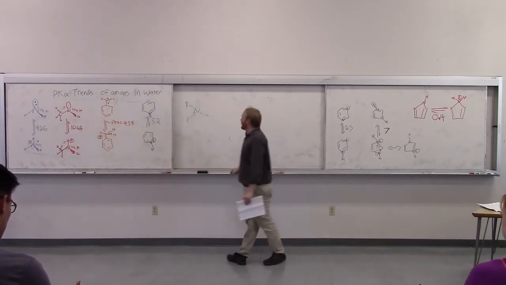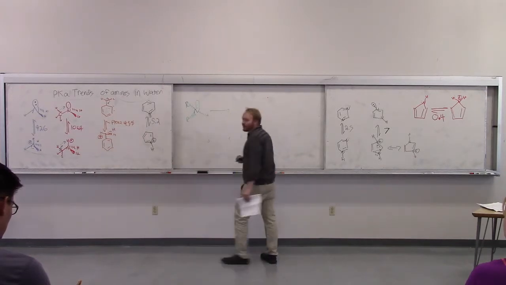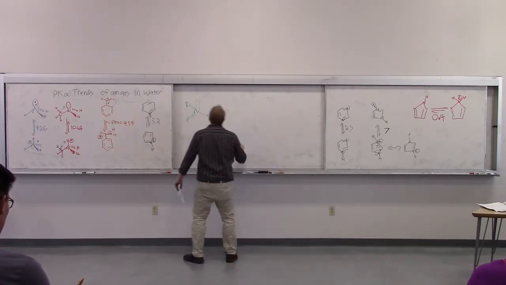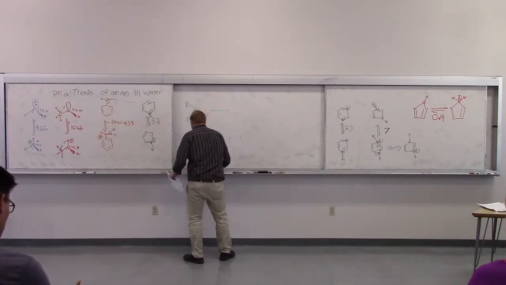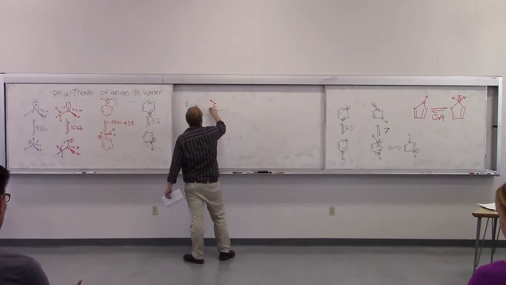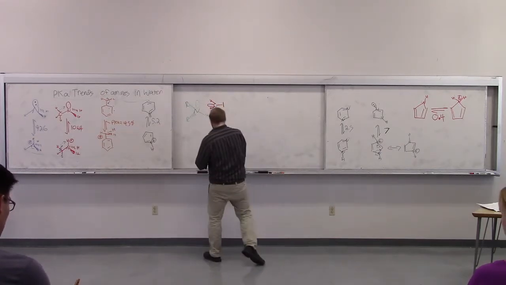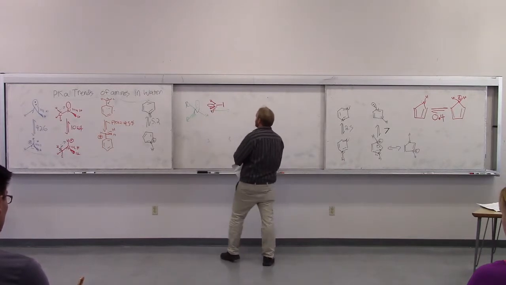So you take your disubstituted amine, you take your alkyl chloride, I'm going to do methyl iodide because why not? And then you can do an SN2 type reaction.